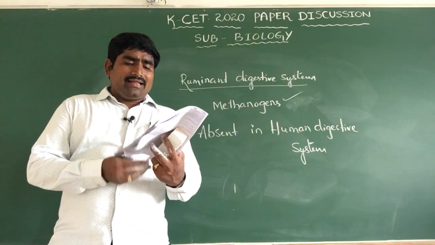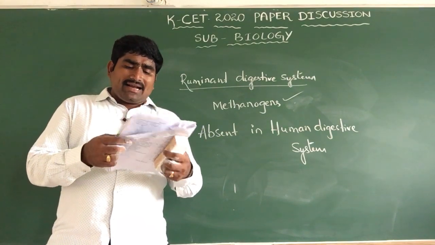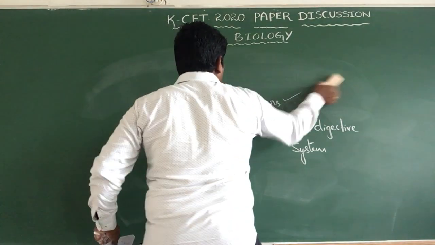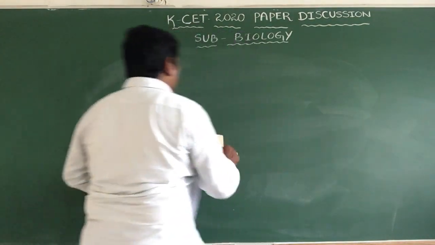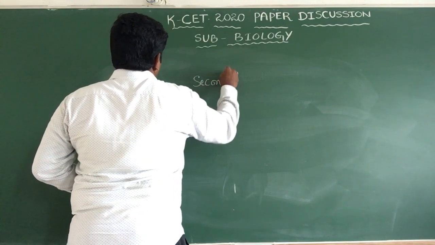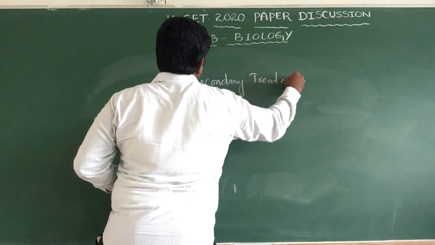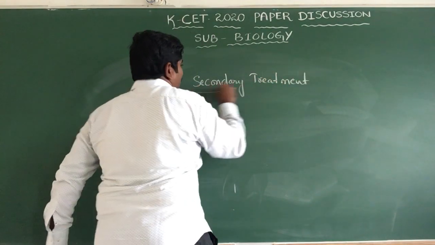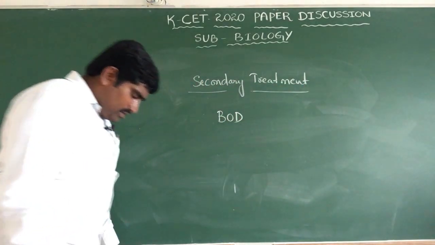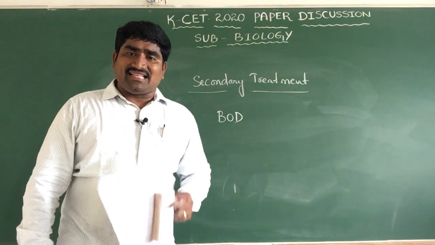The next one is, in sewage treatment, secondary treatment is considered highly significant because it reduces the BOD. During secondary treatment in aerobic tanks, BOD is reduced by aerobic bacteria and mechanical agitation.